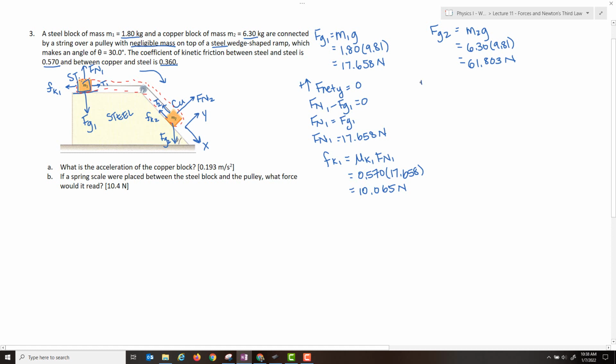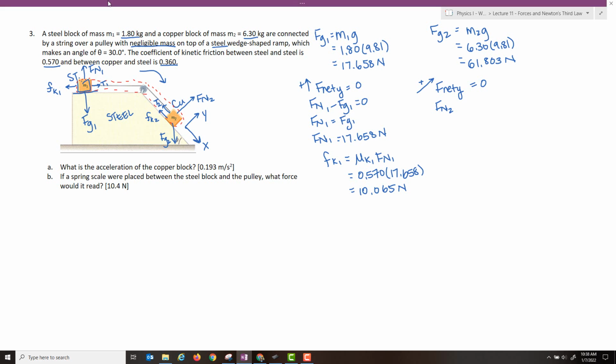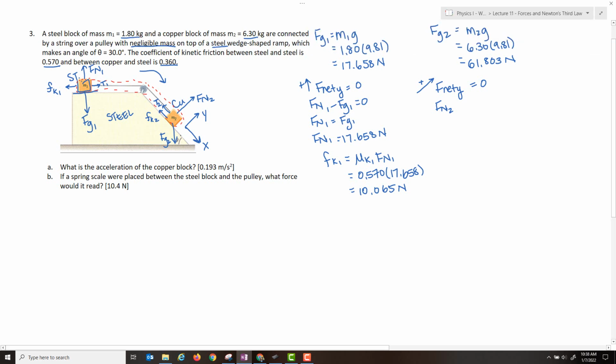So I'm going to say that positive is the direction of the normal force, and the net force in the y direction has to be 0. And I'm going to do that to figure out what my normal force is. So what are all the forces acting in that y direction? I have the normal force, which is positive, so F normal 2. And then I have the component of the gravity force that is acting in the negative y direction. So that would be this force here, Fg2y.